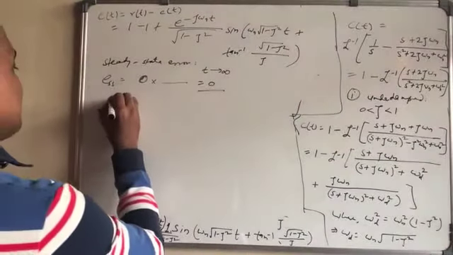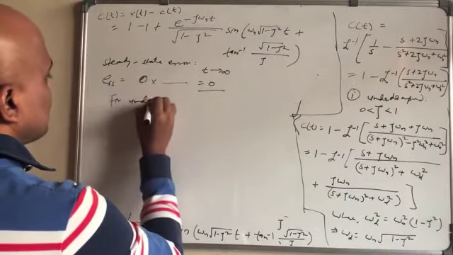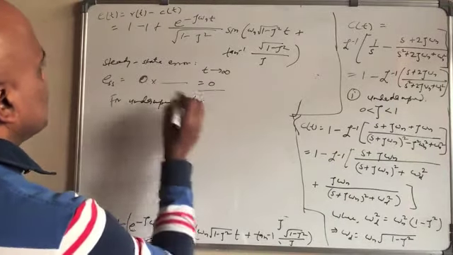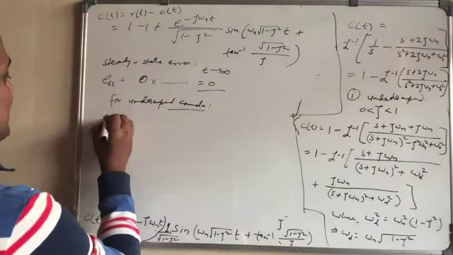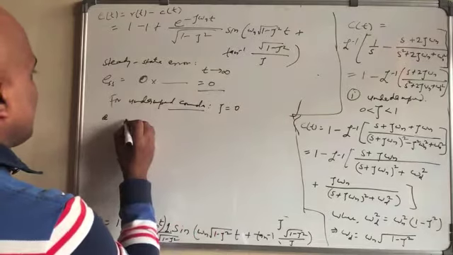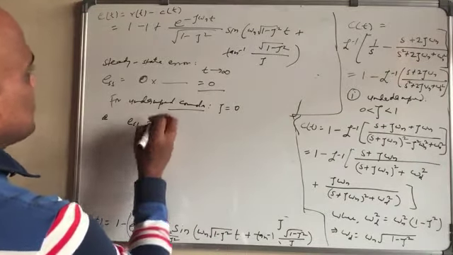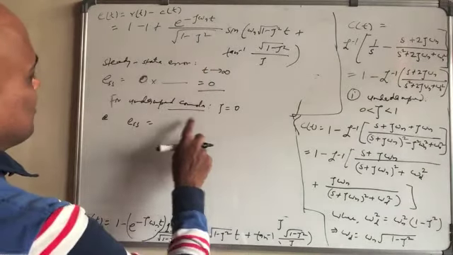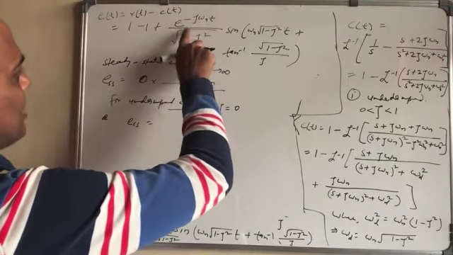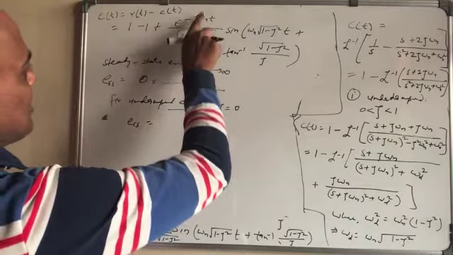For the undamped condition, zeta equal to 0, you can put that value. In that case, E steady state will be, to begin with zeta equal to 0, the square root term becomes 1.